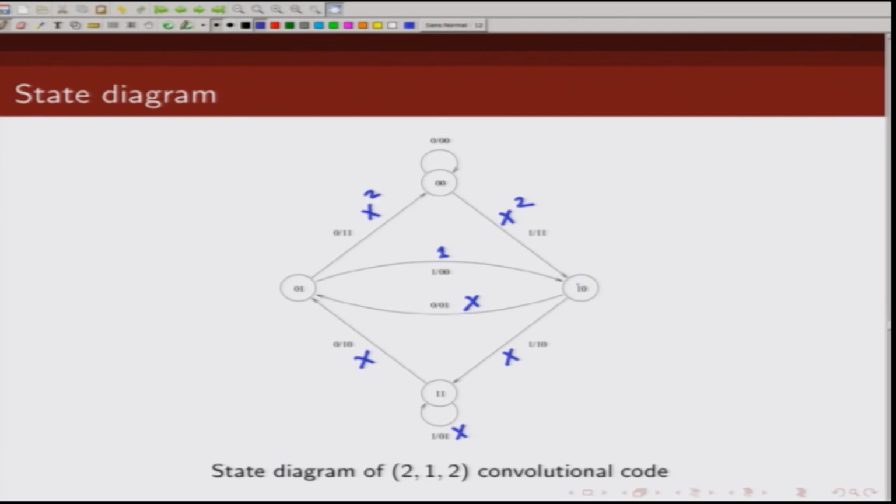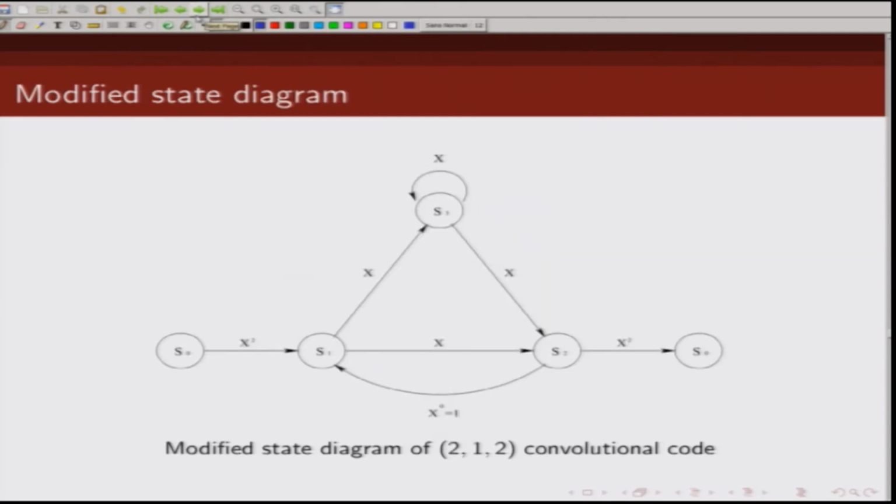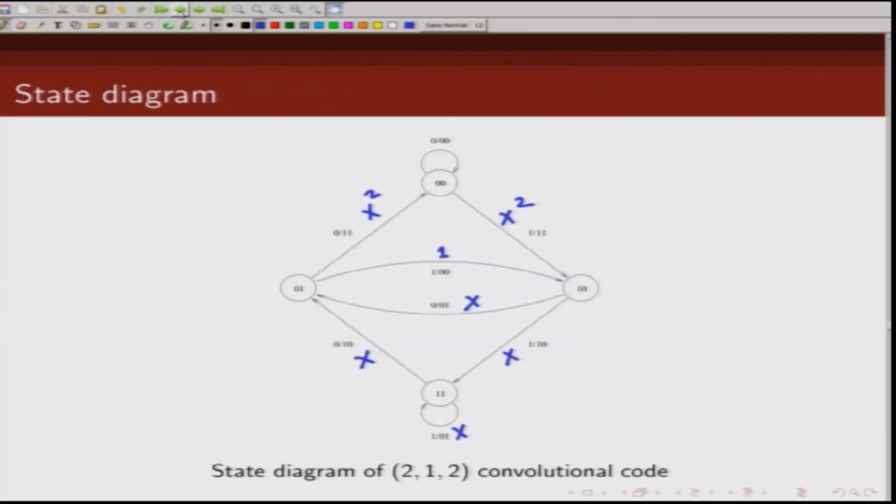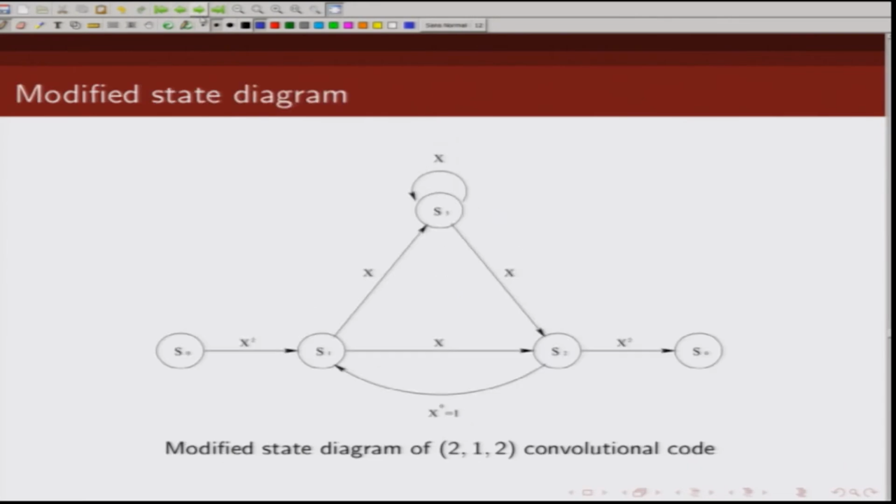From 0 0 I am going to 1 0 and its output is 1 1, which has weight x^2, so this branch is labeled by x^2. Similarly, from this state you are going to this state and the branch is labeled by x.